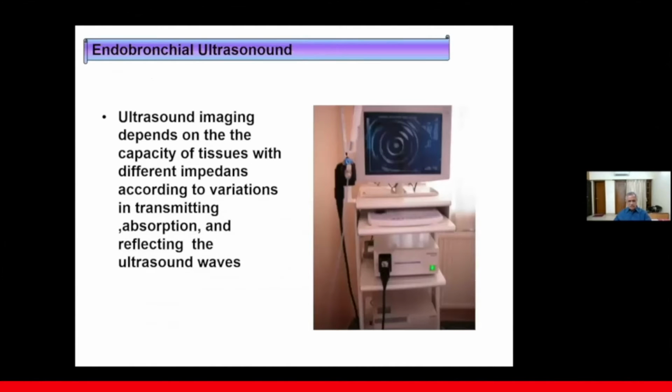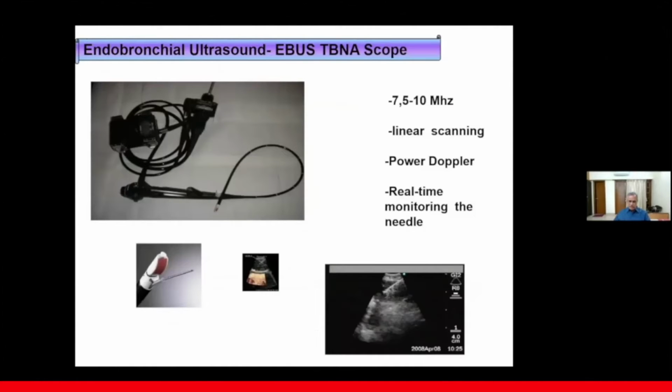Now with EBUS guidance, we are able to go to the peripheral lesion and take the biopsies from there. Just to have a look at the endobronchial ultrasound, it depends on the capacity of the tissues with different impedance to transmit and reflect the waves. In the blood vessels, you have a Doppler built into the endobronchial ultrasound system itself, so that you can look at the vessels when you are putting the needle inside.